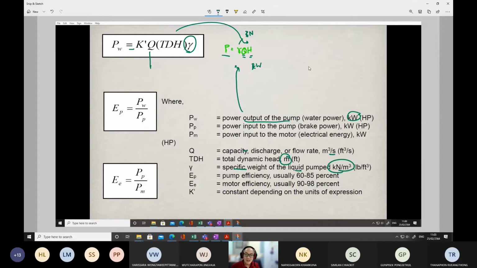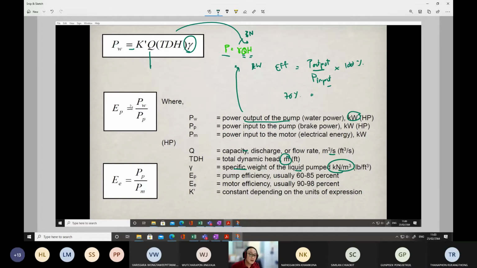So normally power output divided by power input, multiplied by 100%, will be the efficiency of the pumps. When we talk about 70%, it means that the power output is only 70% with respect to the power input.